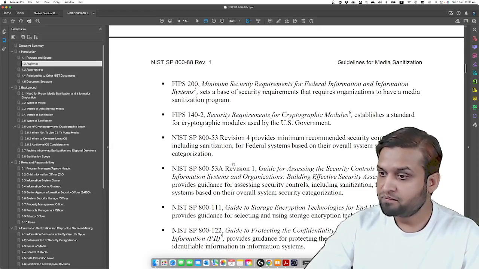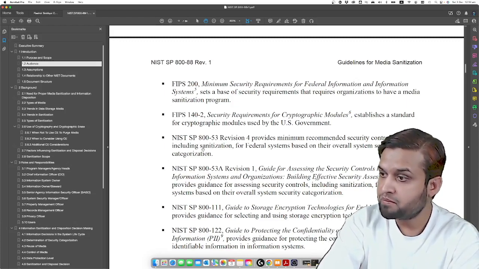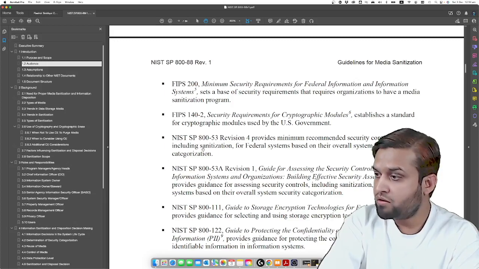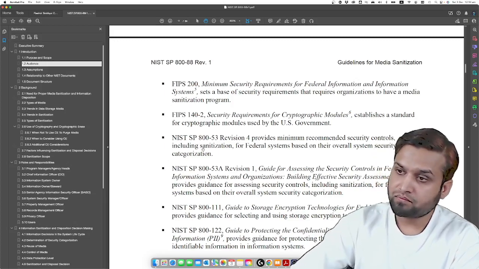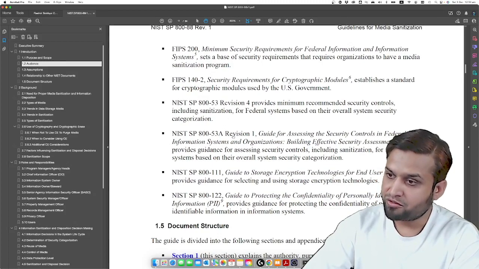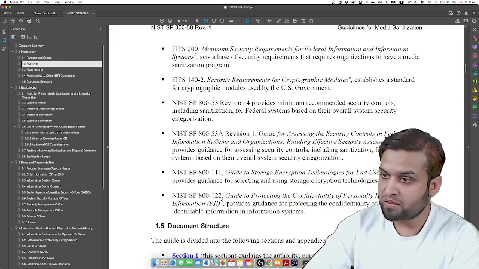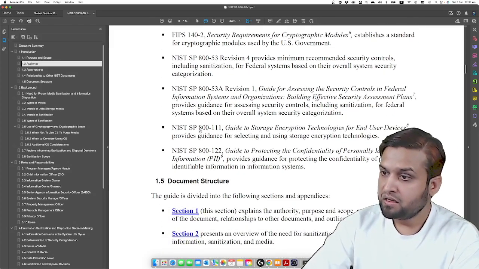This is for the minimum recommended security controls, which includes sanitization for federal systems based on their overall system security categorization. Now 853A, wherever A comes, it's basically assessment. So whatever we implement in 853, its assessment is covered in 853A.